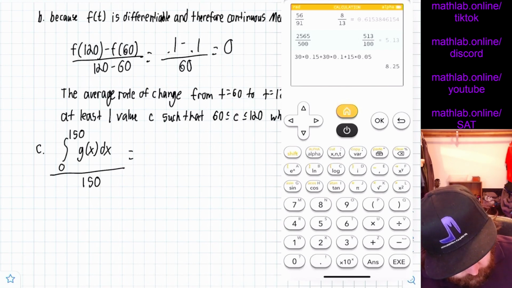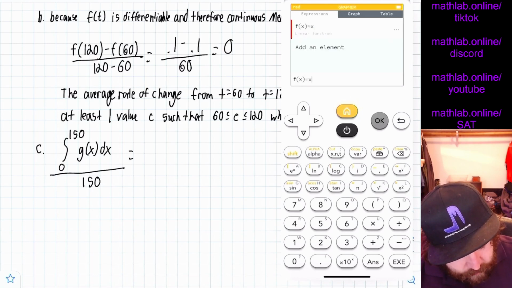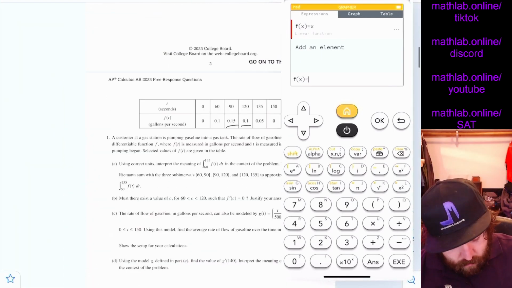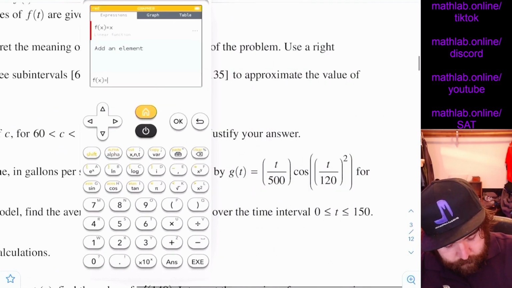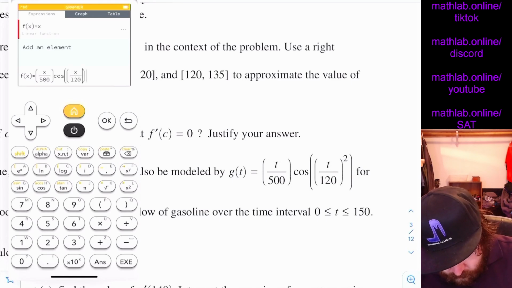So we're going to come over to the grapher and say f of x, and type in the equation. It's going to be x over 500 times the cosine of x over 120, squared.